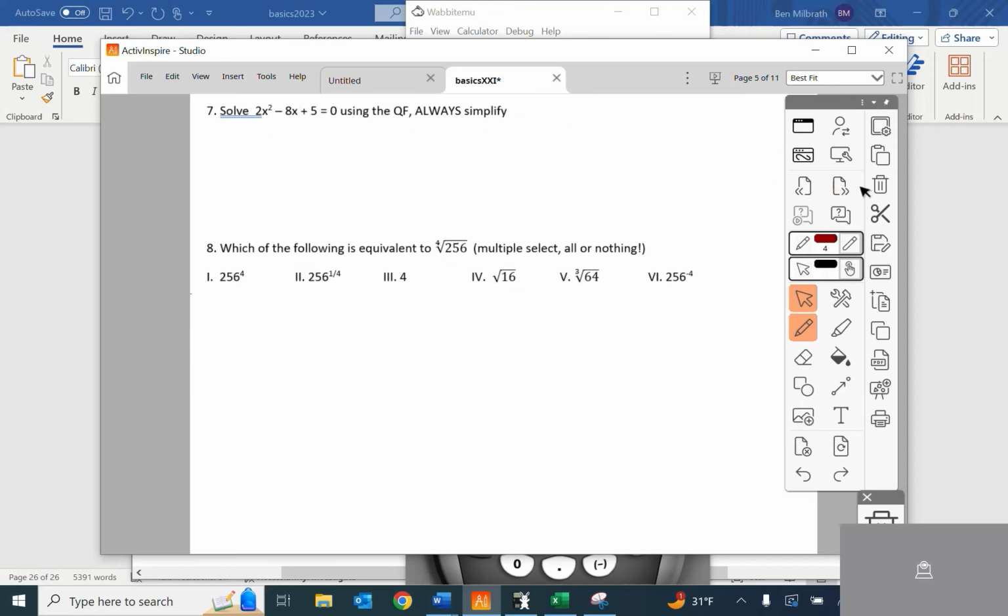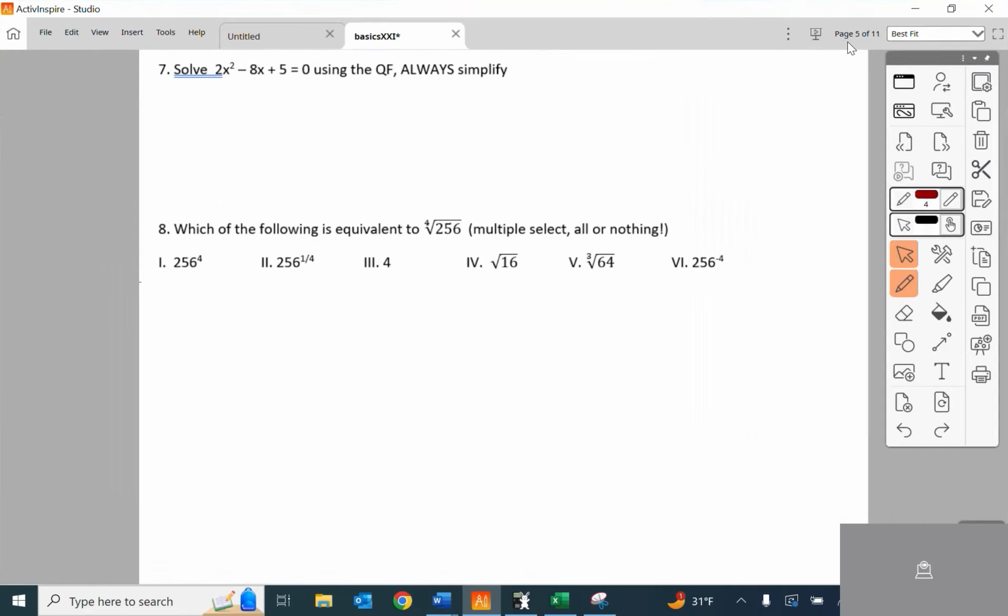Solve this thing using the quadratic formula. And if you need to be singing it, so be it. Quadratic formula goes x equals negative b plus or minus square root b squared minus 4ac all over 2a. And then plug some stuff in. So opposite of a negative 8 is a positive 8, plus or minus square root.